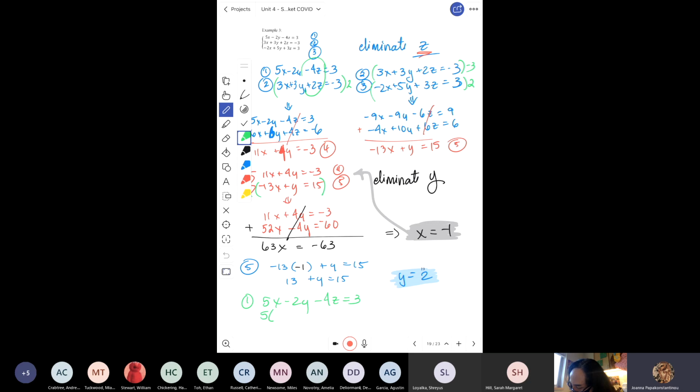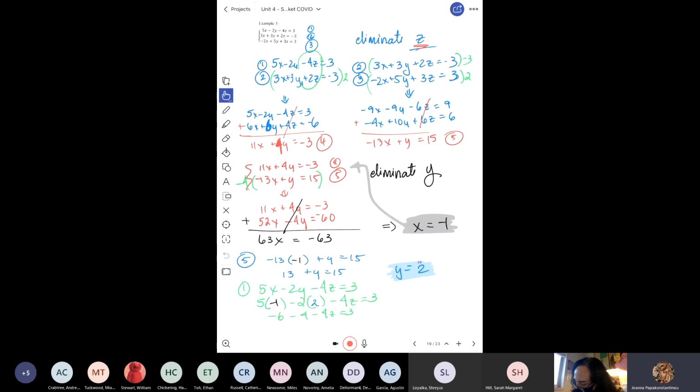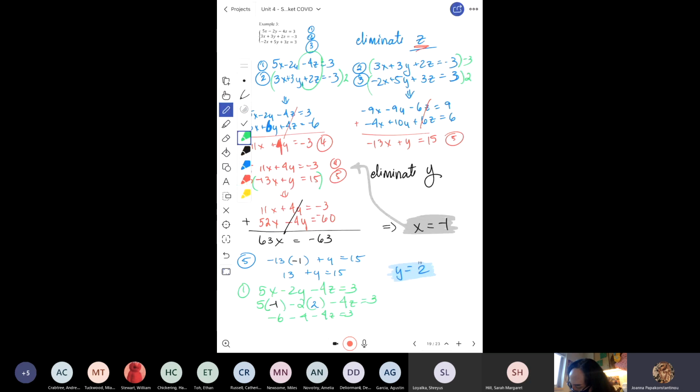So 5 times x, which was -1, minus 2 times y, which we found to be 2. And I'm solving for z. So then I have -4z equals what?